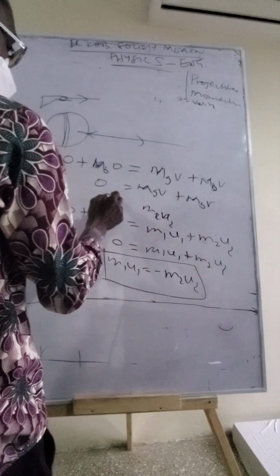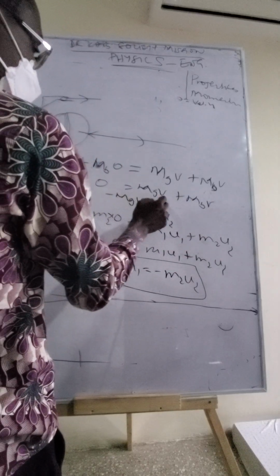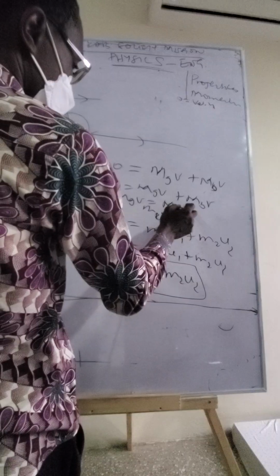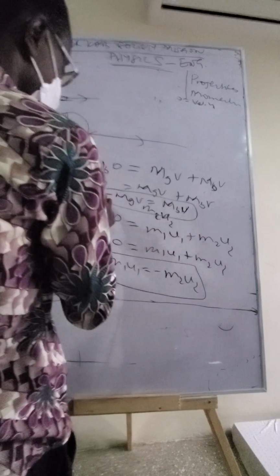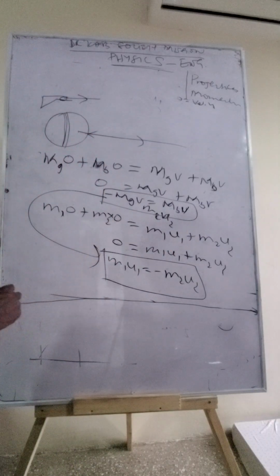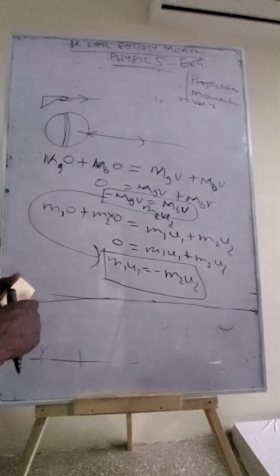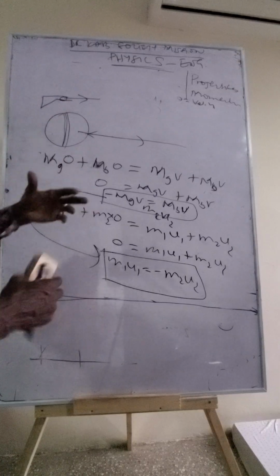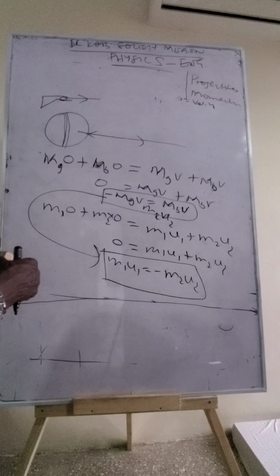Now this will become negative, so it means that they will move in the opposite direction. That is why you get a recoil. This is a good example of the bullet and the gun, a linear momentum kind of thing.